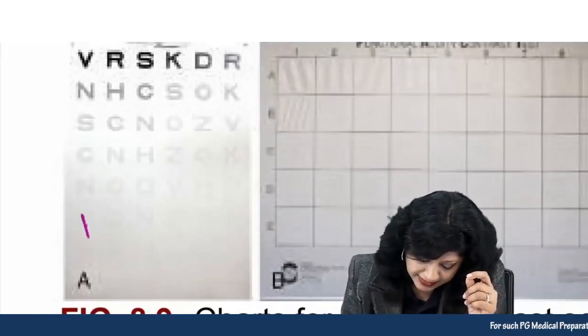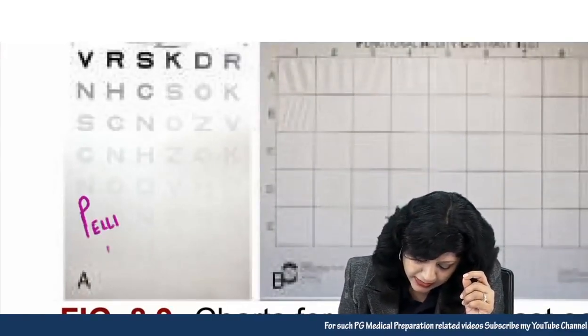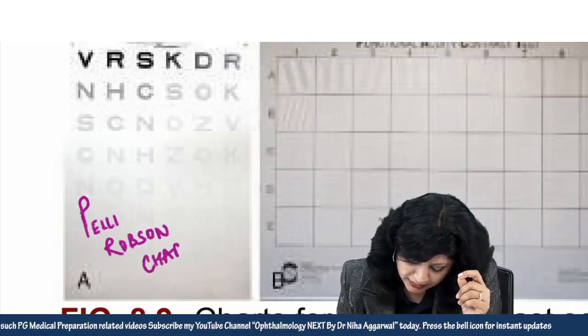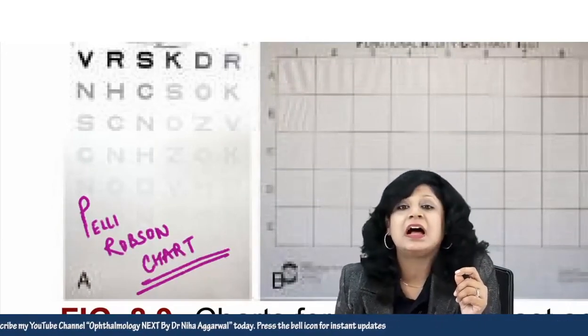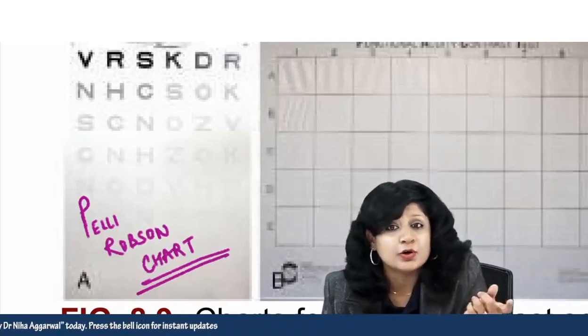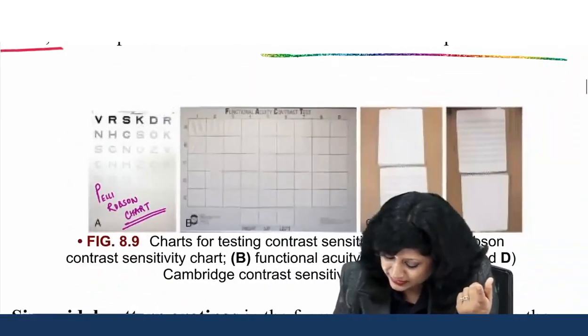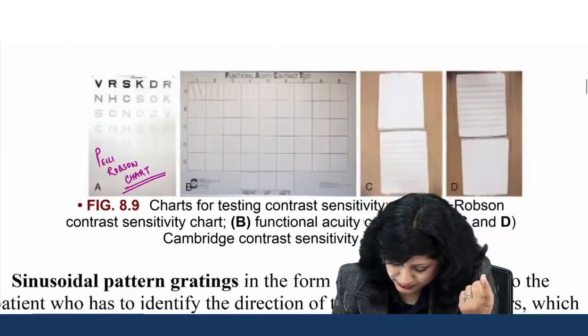So this is your Pelli-Robson chart. This could be given in the exam and you could be asked what it is used for, what is the name of the chart, or what is the distance of the patient from this chart.